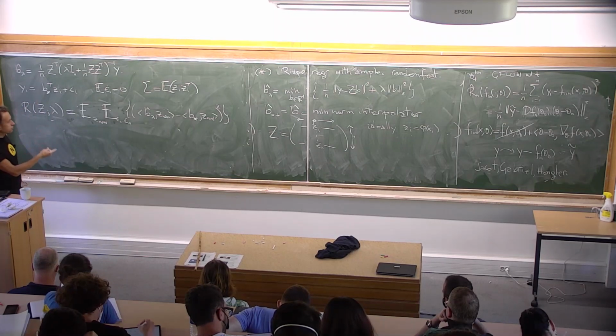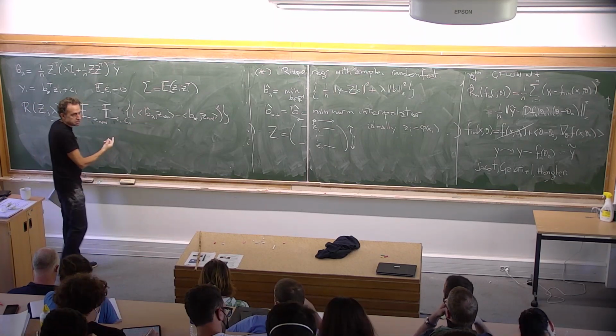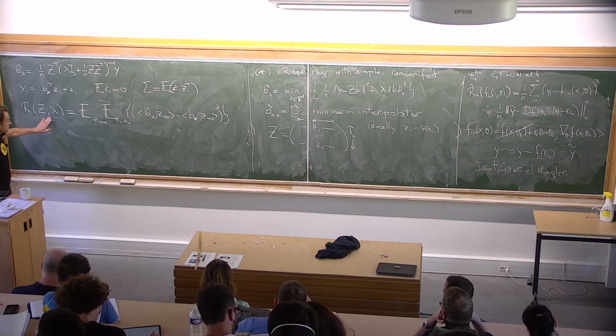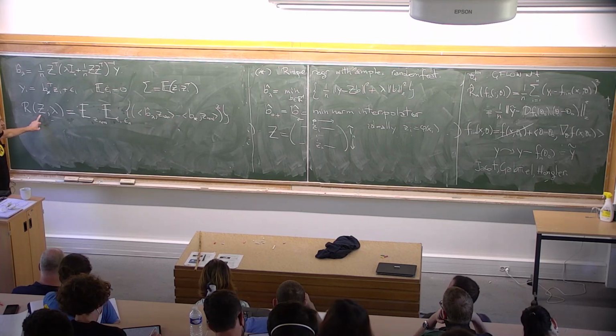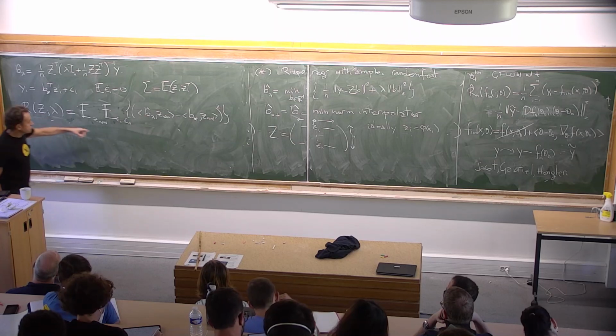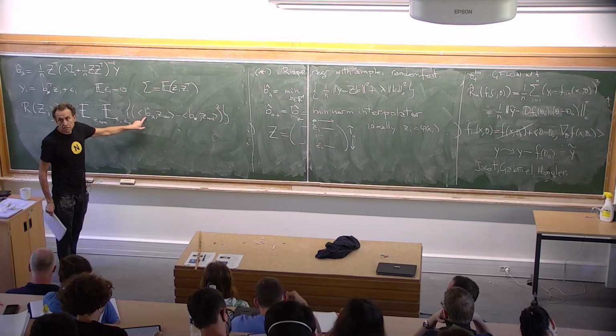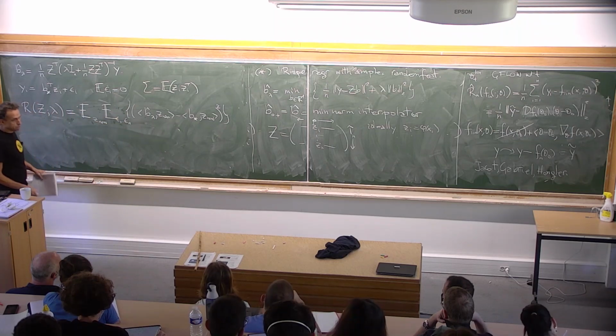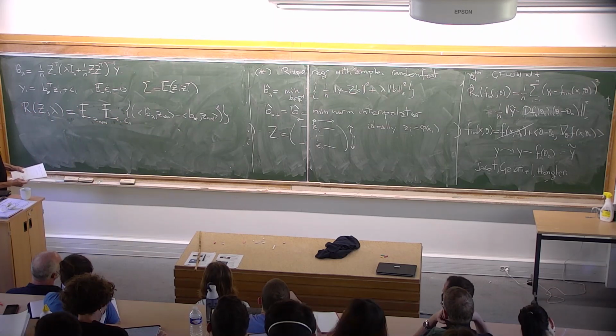I could also add epsilon nu, but that only adds an additional term, sigma squared. So this is the risk, and it depends on the matrix Z on which I trained, just because beta hat depends on the matrix Z. I could drop this entirely, but I would get a slightly more complicated formula.